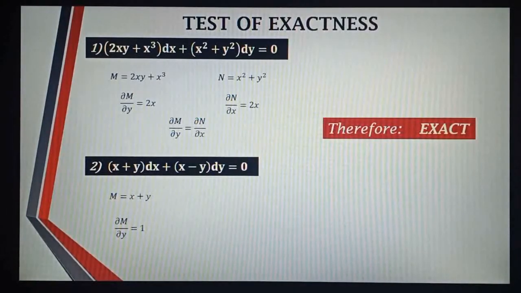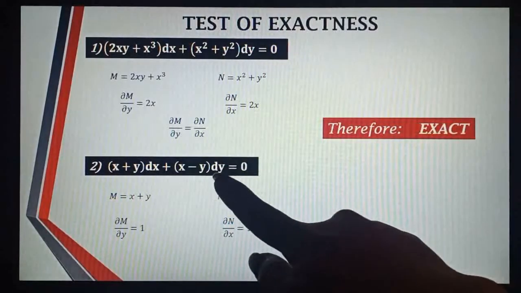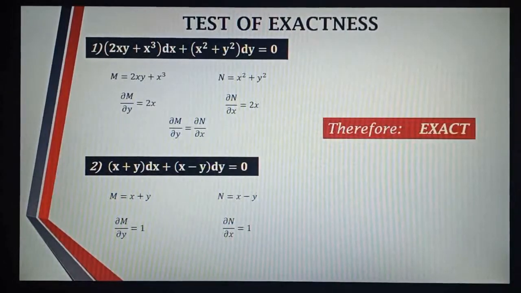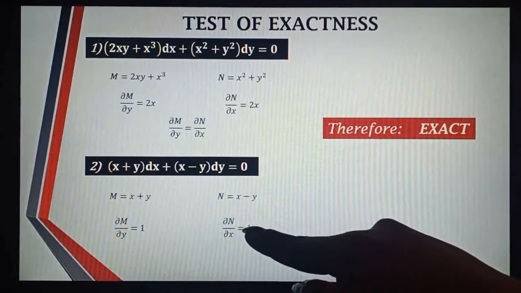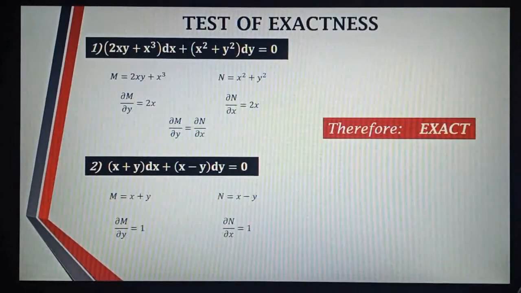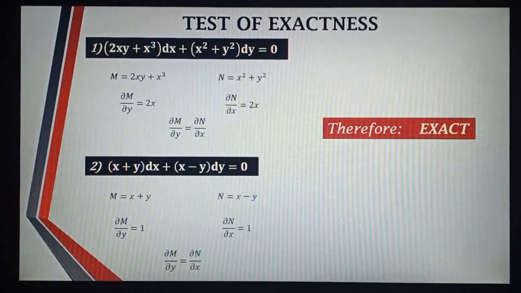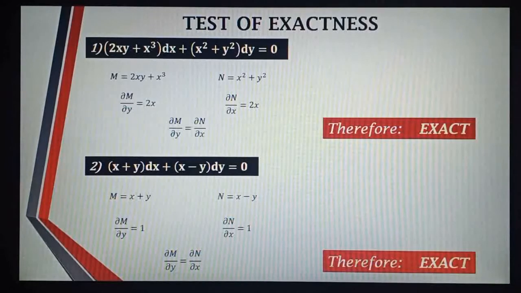Then identifying your N, x minus y, that is with respect to x since it is multiplied to dy. So x is 1, then negative y is 0. So the partial of M is equal to the partial of N. Therefore, the given equation is also exact.